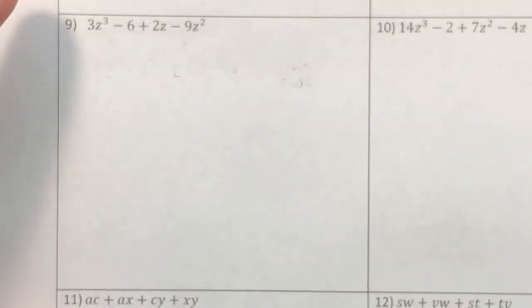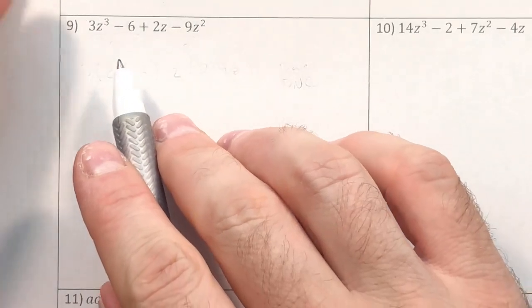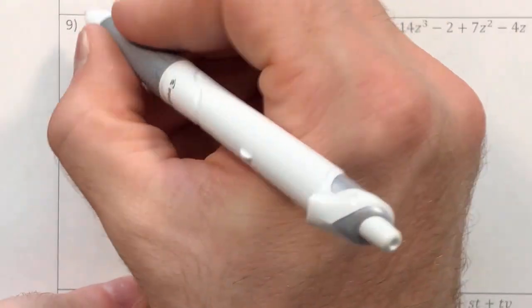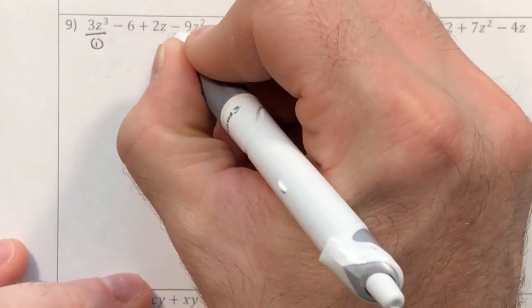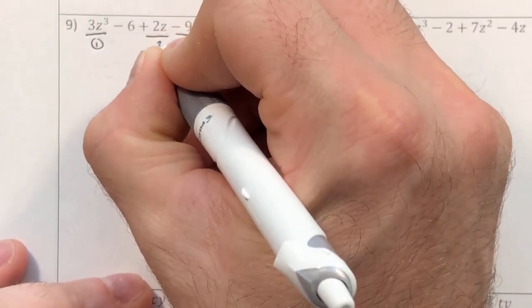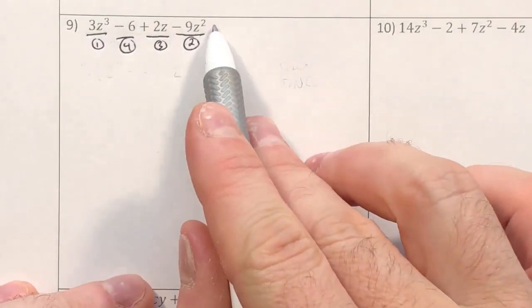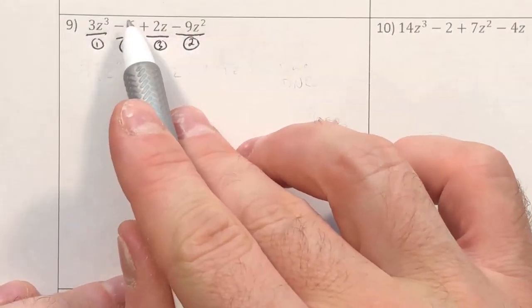There we go. And alphanumeric ordering means I'm going to put them in order from highest to lowest power, which means that this term is going to come first, this one's coming second, third, and fourth. Z cubed, z squared, z, then no z.